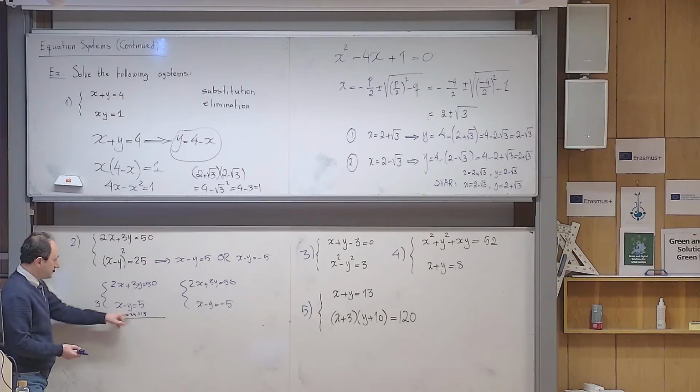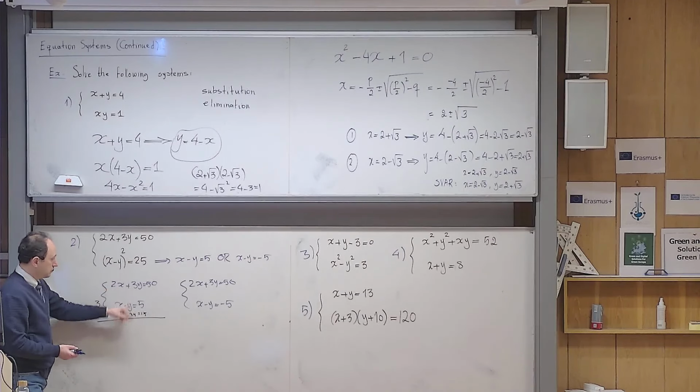And then add the black one to the blue one. Minus 3y and 3y are gone. 3x plus 2x becomes 5x. And 15 plus 50 is 65. And I am looking for x, so it becomes 65 divided by 5. And this becomes 13. So x becomes 13.